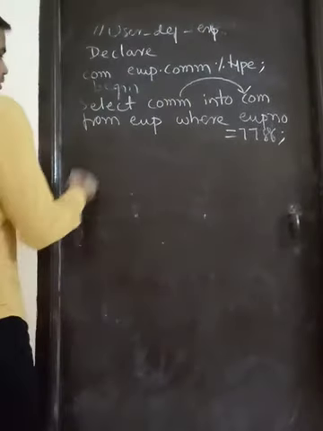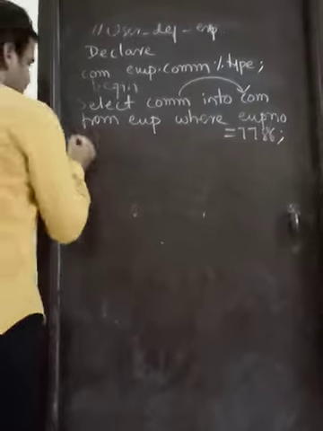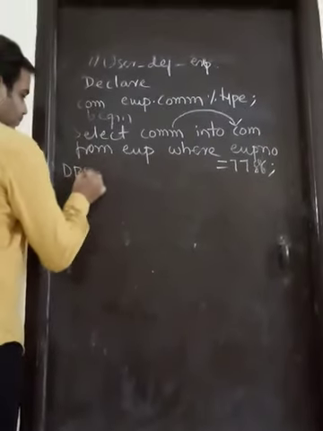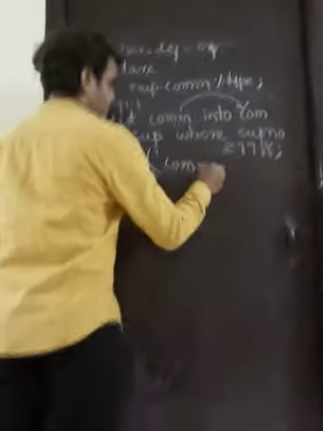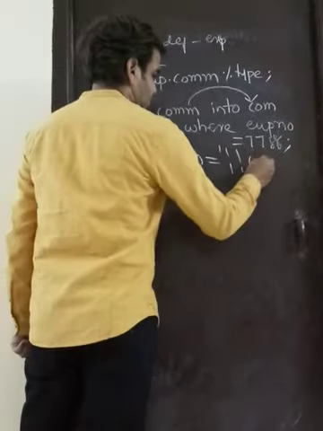Then we display using DBMS_OUTPUT.PUT_LINE the commission equal to COM.